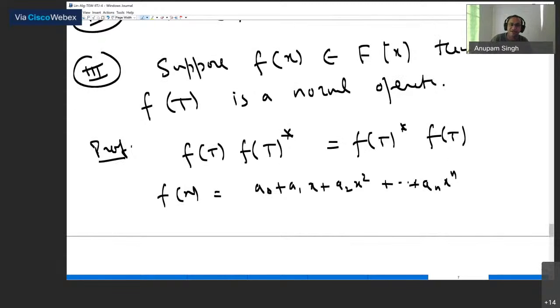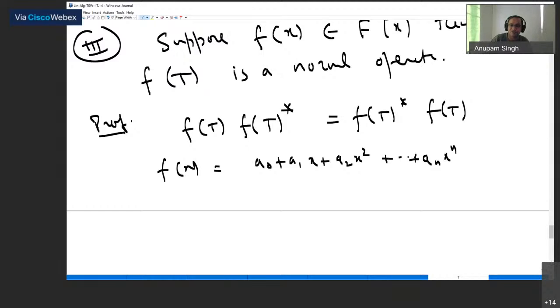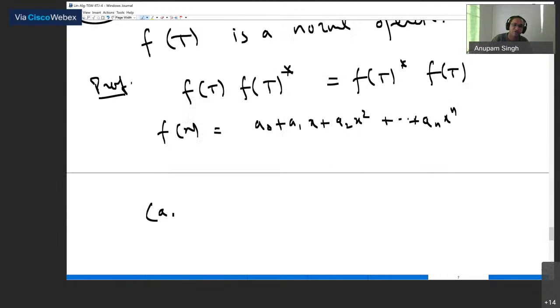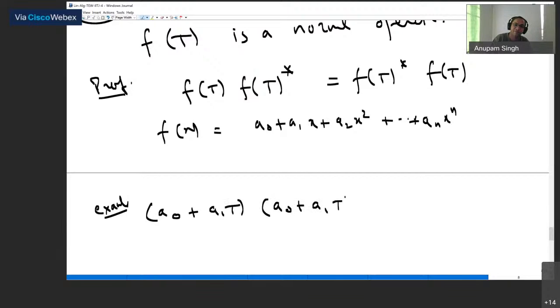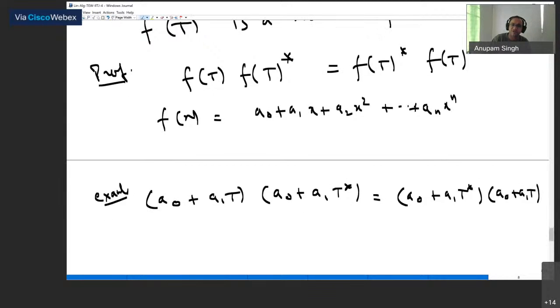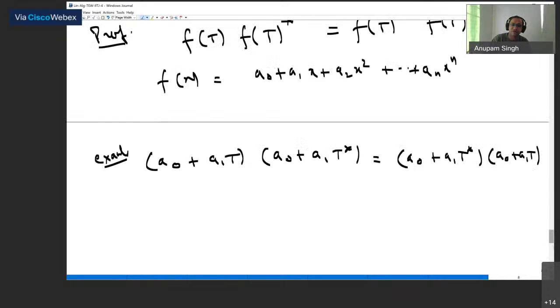So for example, for degree 1, (a0 plus a1 T) into (a0 plus a1 T star), if you expand this out, the expansion will match the expansion of (a0 plus a1 T star) into (a0 plus a1 T). It's just simply writing down in longhand.